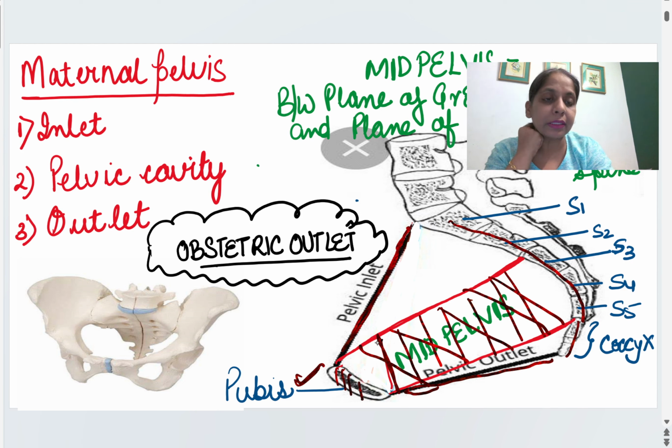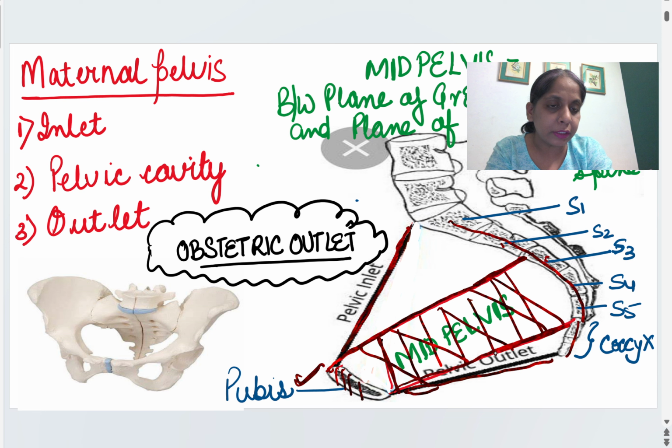This plane of greater dimension goes from the upper border of the pubis up till the S2 S3 junction of the sacrum. And this lower one is the plane of least dimension, the lower plane of the mid pelvis.